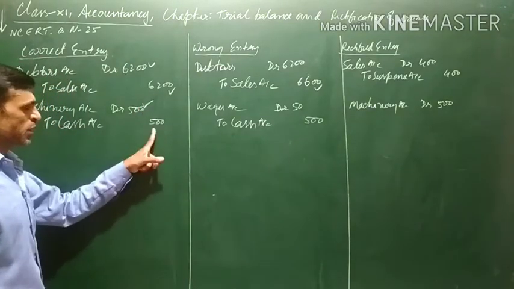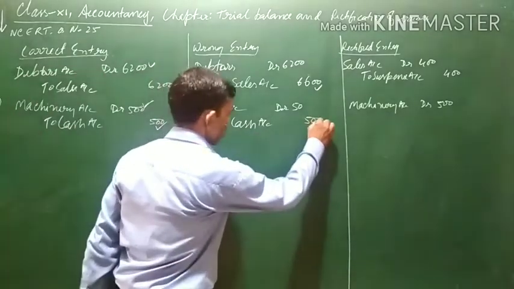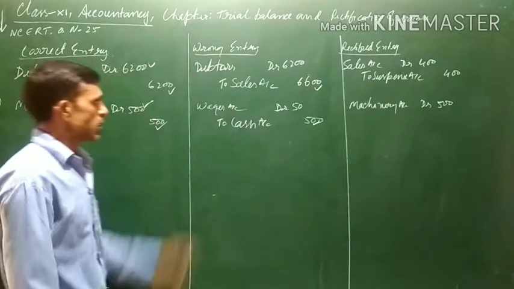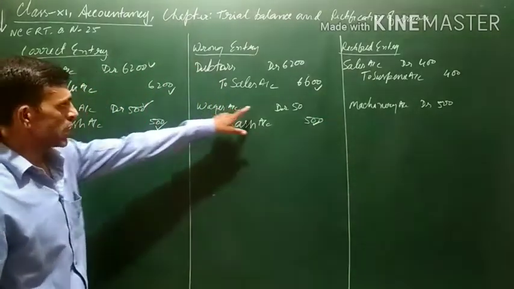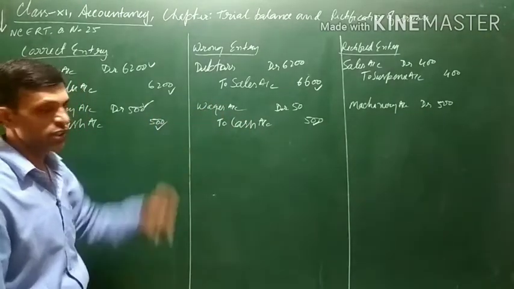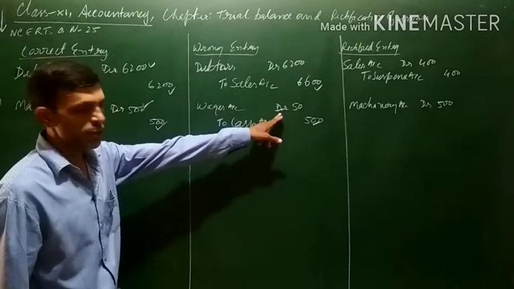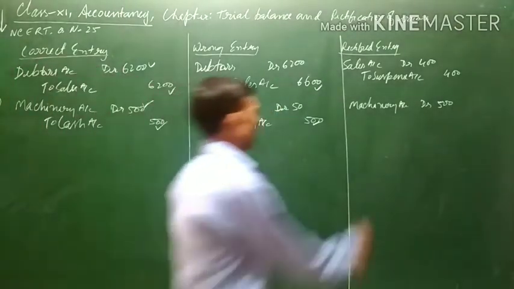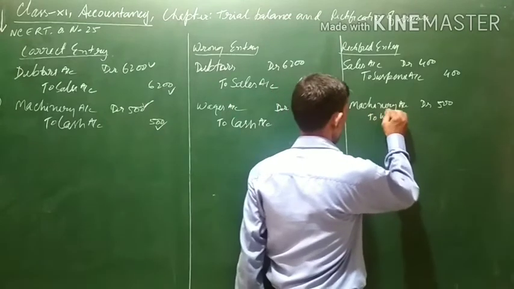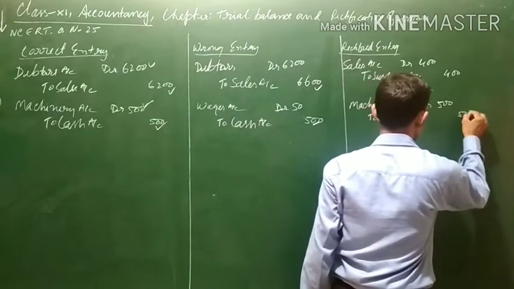Cash is to be credited with 500, and it has been credited with 500, so there is nothing wrong with regard to cash. Now wages has wrongly been debited, but as you can see in the correct entry, there is no need for wages to be debited. So in order to cancel these wages of 50 rupees which have been debited, we will credit wages account 50.